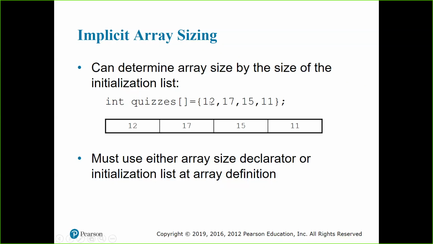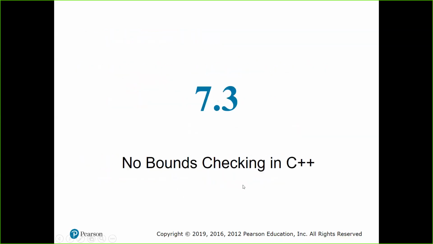For example, here there are 4, so the quizzes size will automatically be set to 4, and the array will be created like this. You must use either an array size declaration or an initialization list. So if you leave the size out, then you must provide an initialization list, and if you are not providing an initialization list, then you must provide a value here. So you cannot write it like this.